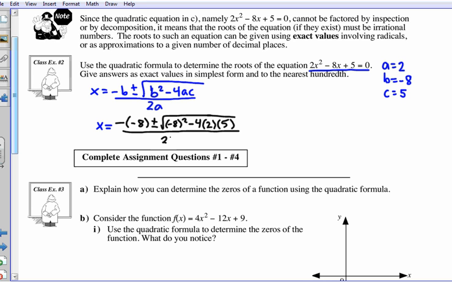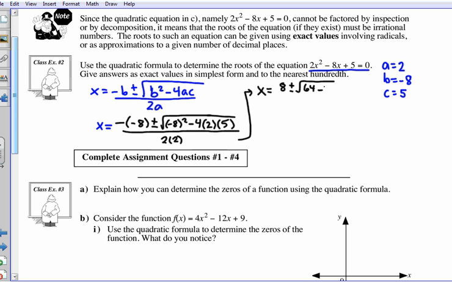So 2 times, what's our a value? 2. Okay, so x equals, so negative b, 8 just becomes 8 plus or minus the square root. Okay, what's negative 8 squared? Negative 8 times negative 8 is 64. Okay, negative 4 times 2 times 5.